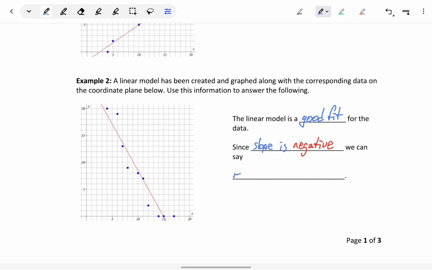And that means our value for r is likely close to -1. Meaning we have a strong negative association. As our x variable is increasing, we see that our y variable is decreasing. We have that opposite behavior.